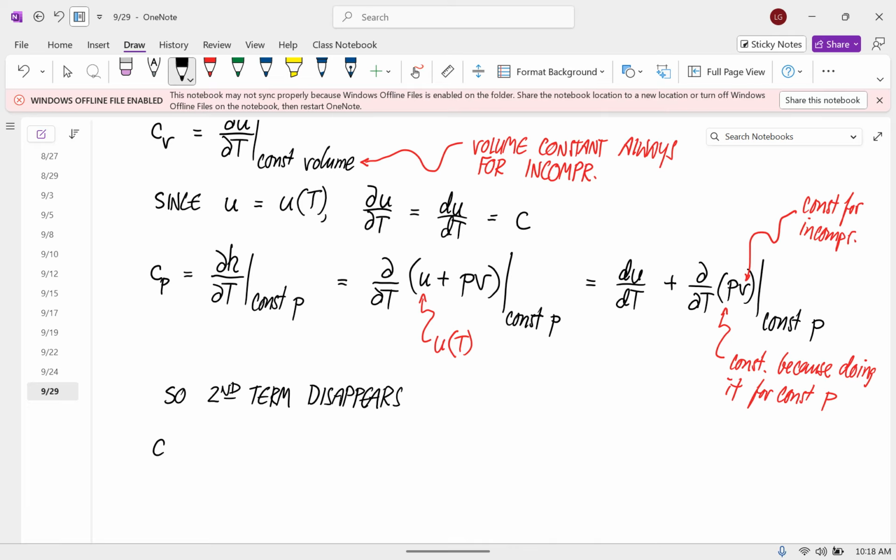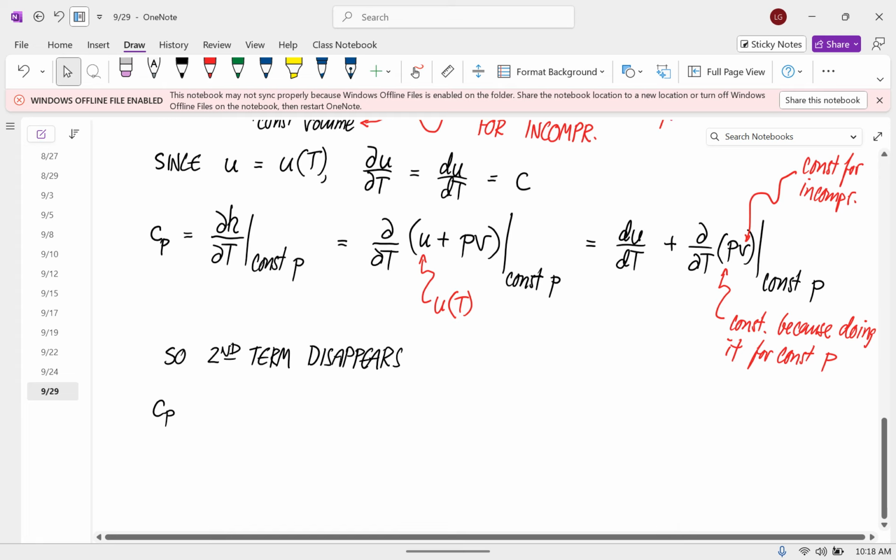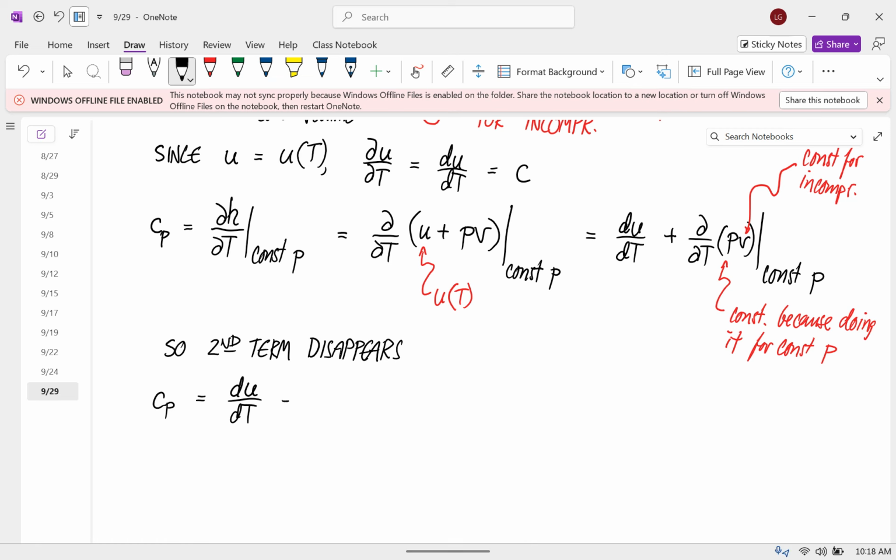And so Cp is just equal to the total derivative du dt, and we're going to call that C also.